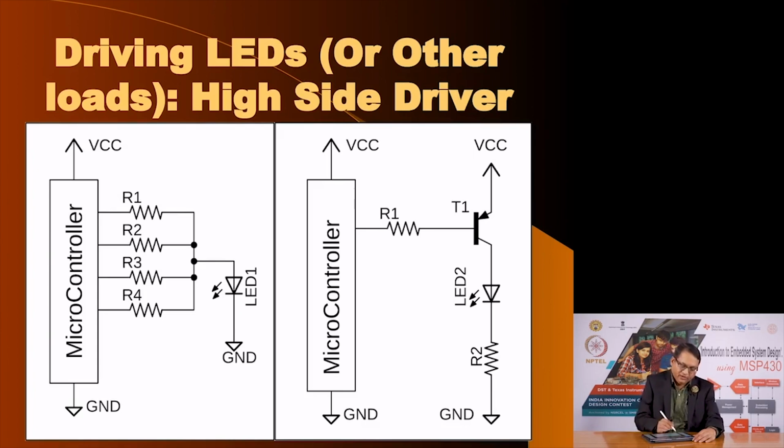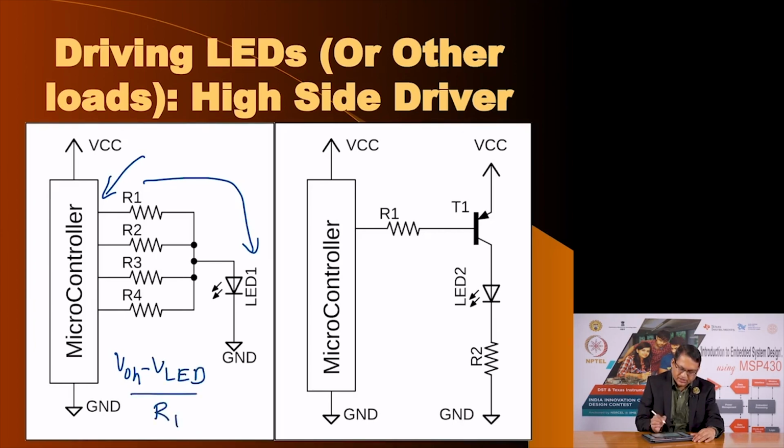The LED will be turned on whenever any of the inputs here is logic 1, and a current would flow through the LED equal to the equation that we have previously seen, that is VOH minus VLED divided by the value of R, in this case say R1.